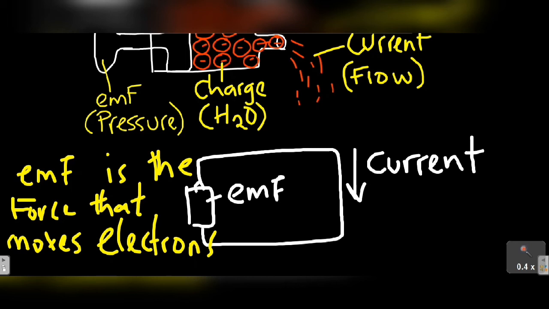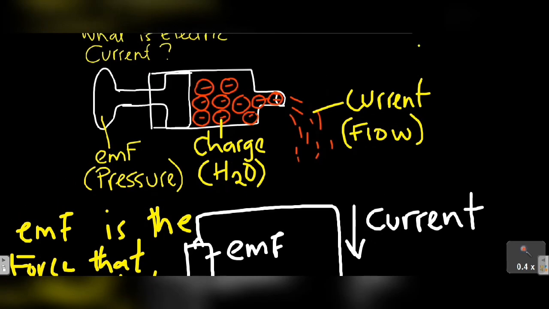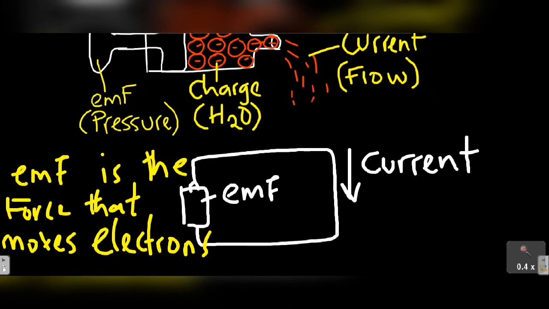So like we are saying here on top on the syringe, let's go back to the syringe. When you exert this pressure, or the EMF, this force will exert a pressure on the water, or the charge, that we have inside this syringe, and once this charge starts to move, we'll have a current flowing. Now, one thing you must remember is that a current will never flow where there's an open circuit.